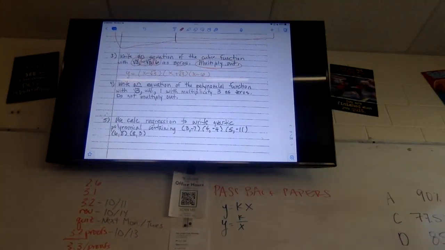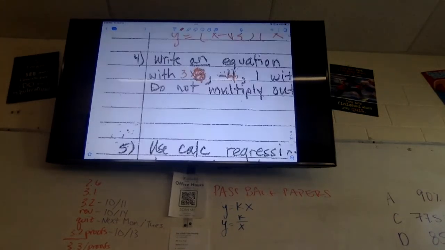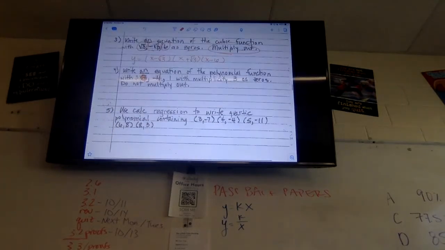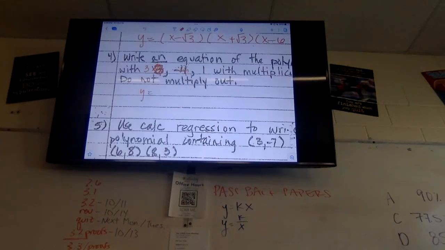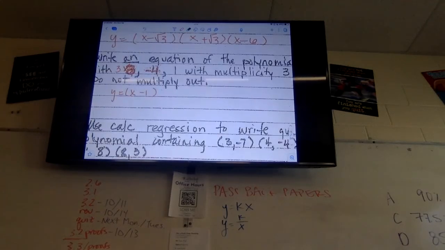All right, number 4, similarly. This one, I know it looks confusing. It says this is a 3. That's a -4, and then 1 with multiplicity of 3. This one says don't multiply out. Write an equation of the polynomial function with 3, -4, 1 with multiplicity 3 as zeros. What's one of my factors, like parentheses? X minus 1. Okay, it does say multiplicity of 3.